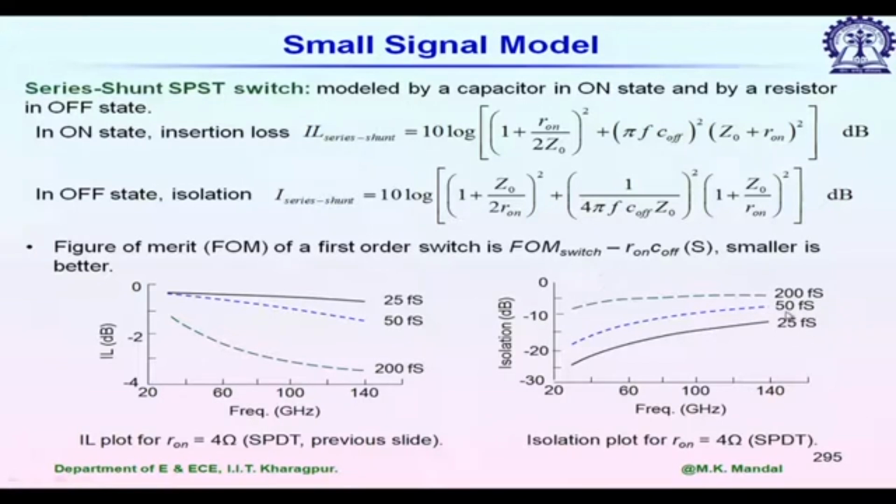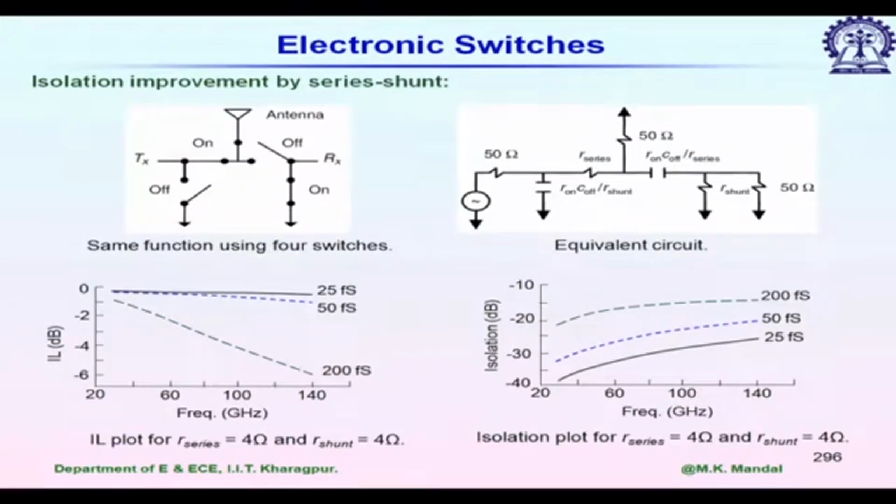If we go for a much better switch, 25 femtosecond, in that case at least we have 13 to 15 dB isolation at 140 gigahertz. So, isolation and insertion loss both depend on the figure of merit, R on times C off.